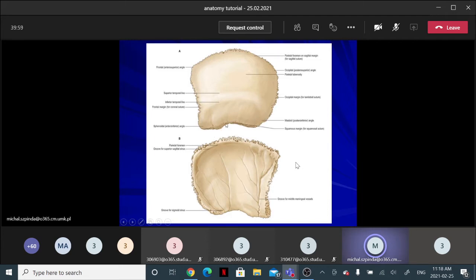As you can see, the inferior border of the parietal bone is beveled externally.